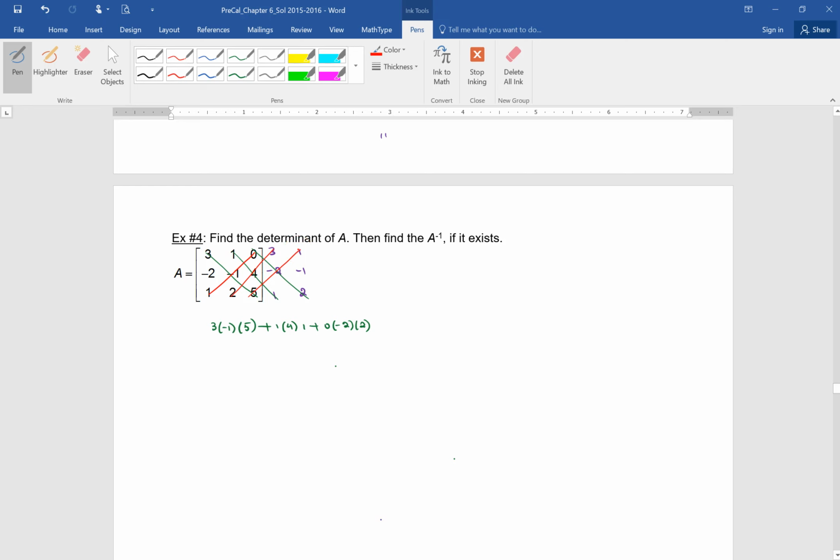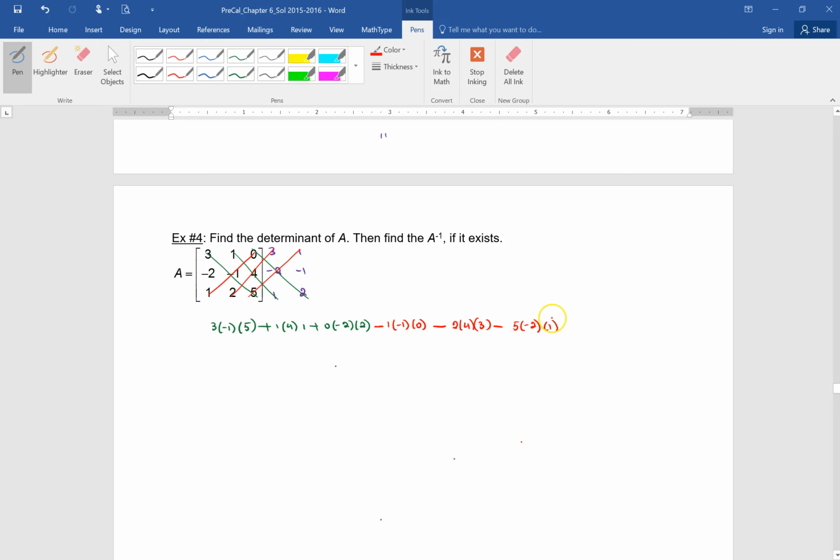Here's a little friendly advice: write the minus sign first, then go to the matrix, because you're always going to get confused with the negatives. So here I got 1 times minus 1 times 0. Minus, go back, 2 times 4 times 3. Minus 5 times minus 2 times 1.